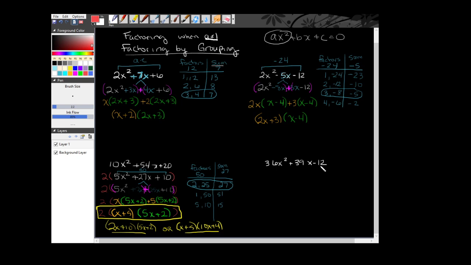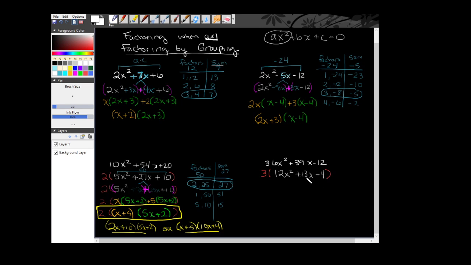So because 3 is less than 12, I'm going to check to see that 3 is my GCF. So if I factor a 3 out, 36x squared divided by 3 is 12x squared. 39x divided by 3 is 13x. And negative 12 divided by 3 is negative 4.